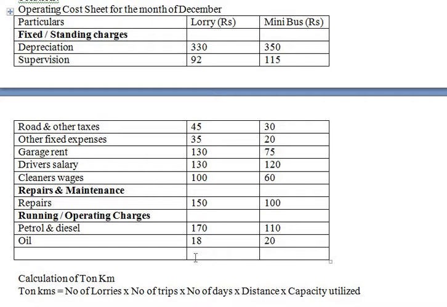Lorry 1200 and this is 1000. This is called total operating cost.